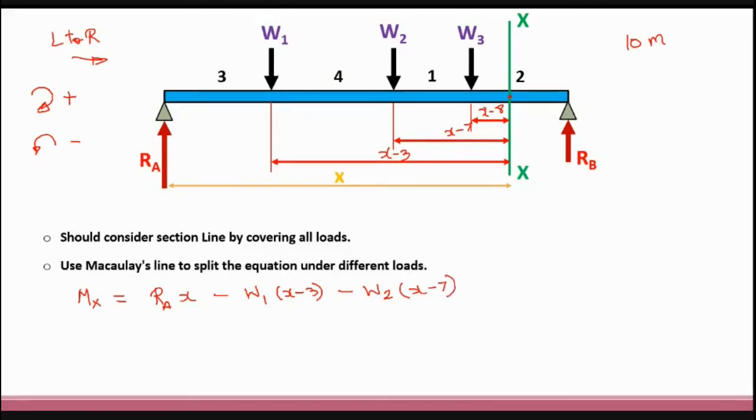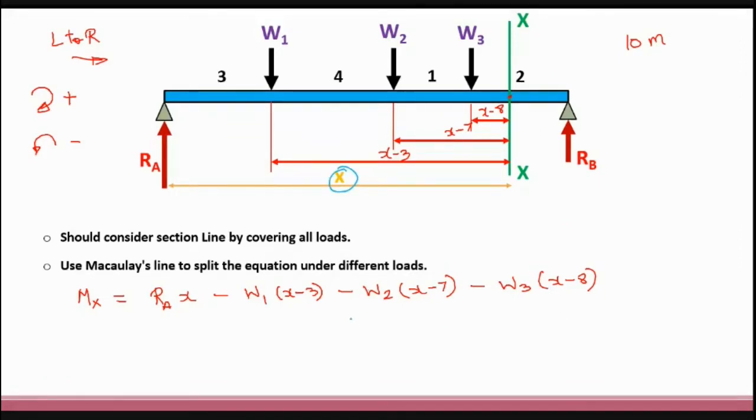Okay. Next, minus W3 into X minus 8. Since we are taking moment this side and we are identifying bending moment from left to right, we should consider only the left hand side load. We should not consider the right hand side load. So only up to this, that's it.